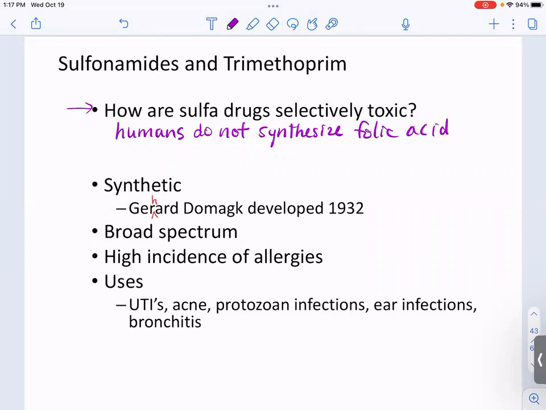We don't use them as much because we have so many other antibiotics to choose from, and there's a little higher incidence of allergies. Sometimes a penicillin allergy will go kind of hand in hand with the sulfa drug. So we just have a lot of other options now, and they're just not used as much. But there are certain things that they might be more commonly prescribed for, like urinary tract infections, for example. But okay, still used a lot in vet medicine because they're really cheap.